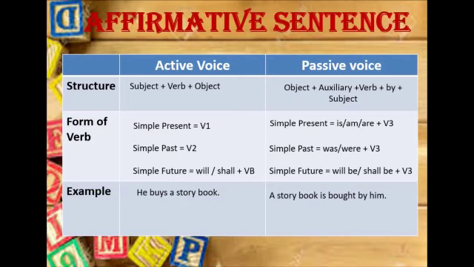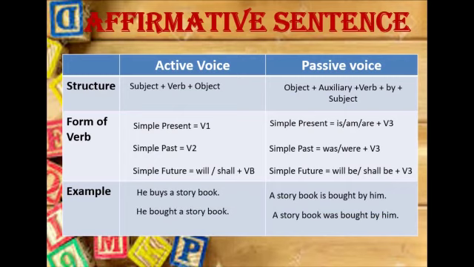So when he will go at the end, it will become him. So by him. And first form of verb will be converted into is, am, are plus third form of verb. And here, as we have a singular, a storybook, so we'll use is with this. A storybook is bought by him.